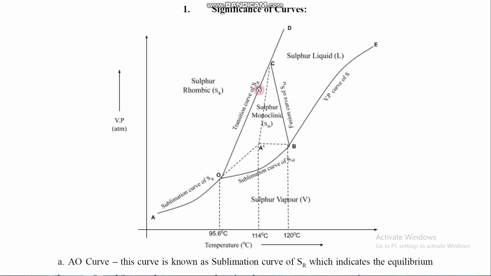The next curve is the OC curve. It is the transition curve of sulfur rhombic, which indicates the equilibrium between sulfur rhombic and sulfur monoclinic at 95.6 degrees Celsius.